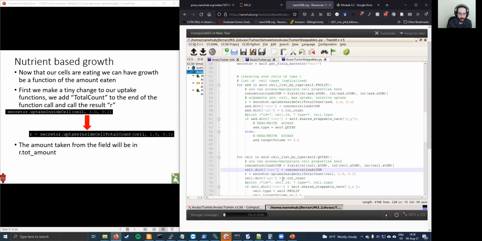And then I'm putting the actual result, which is not R, but R.total count, .count, to this new cell dictionary upt.